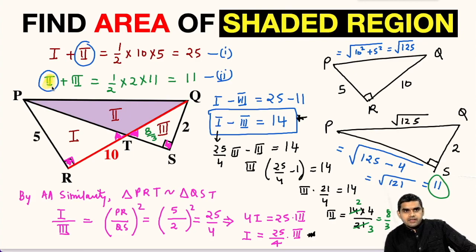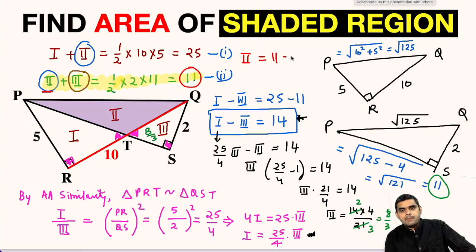Now we have already found that area of this second plus third triangle is equal to 11 units. So we can substitute 8 by 3 here in place of area of third triangle, and then we will get the area of this second triangle. So directly we can write that area of this second triangle equals 11 minus the area of this third triangle, which we found as 8 upon 3.